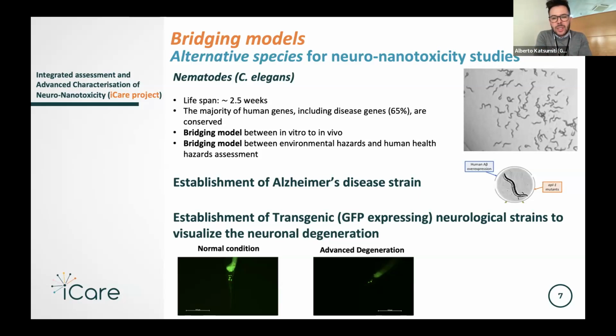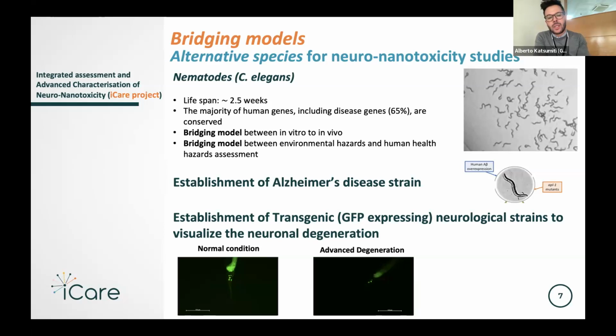Two main directions have been explored with these bridging models. For example, the establishment of an Alzheimer's disease strain, which is under development right now, and also the establishment of transgenic neurological strains to visualize neuron degeneration.